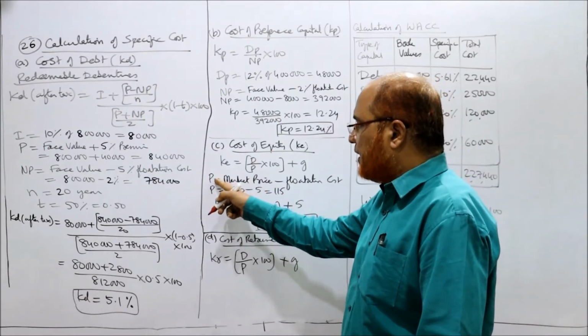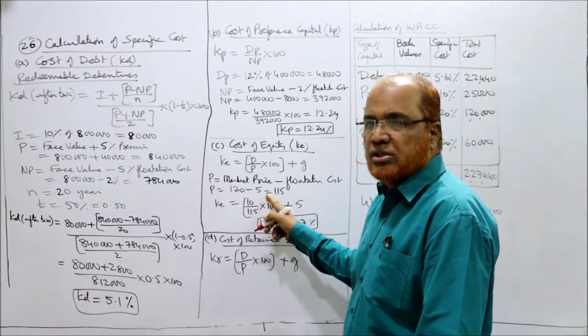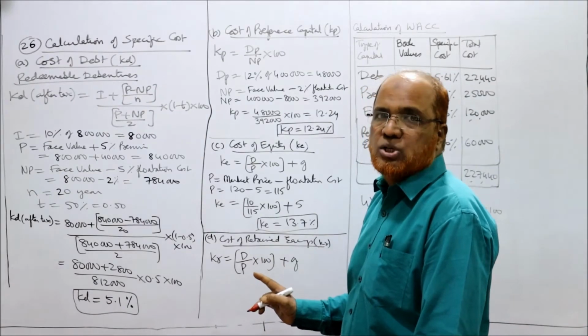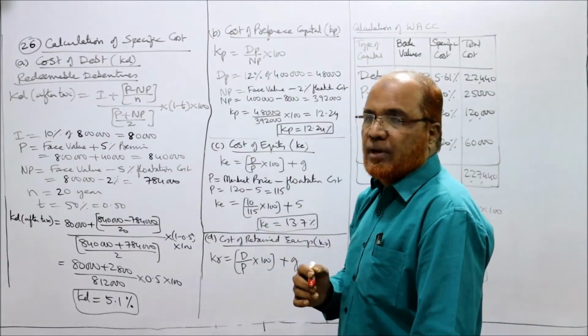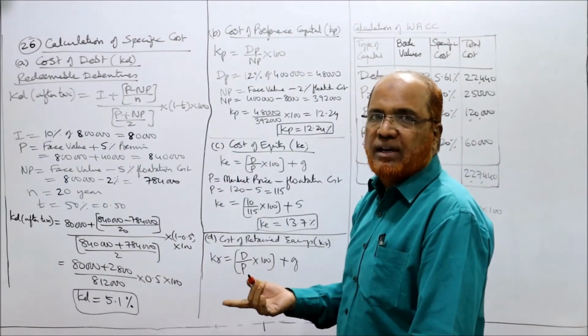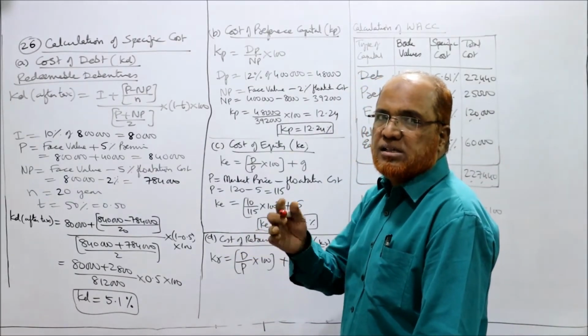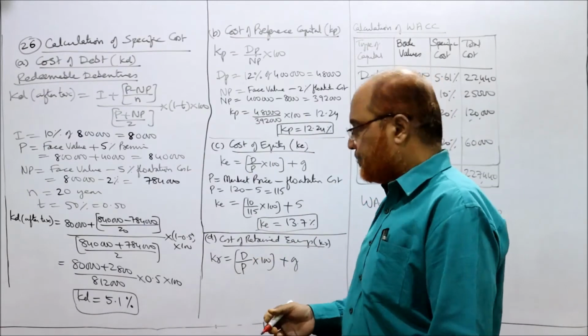While calculating P there, we deducted the flotation cost. Here we should not deduct any flotation cost. Flotation cost arises when shares are issued, but there is no question of issuing retained earnings, because retained earnings are not issued, they are used.